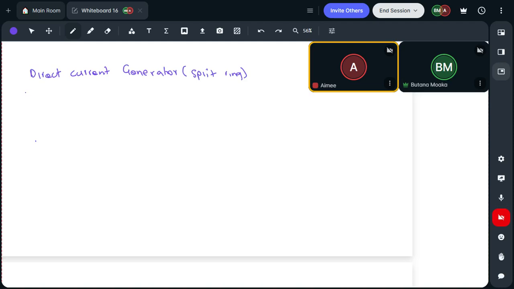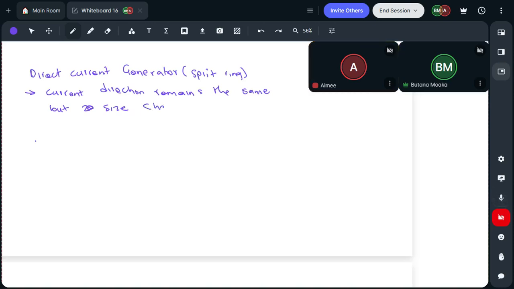For this one, the current direction remains the same, but the size changes. You understand? Yeah.